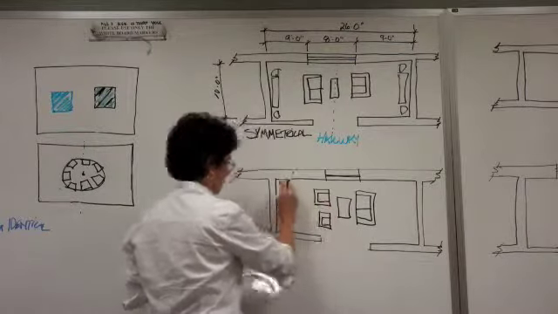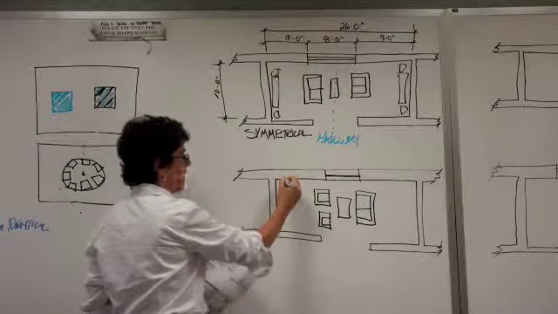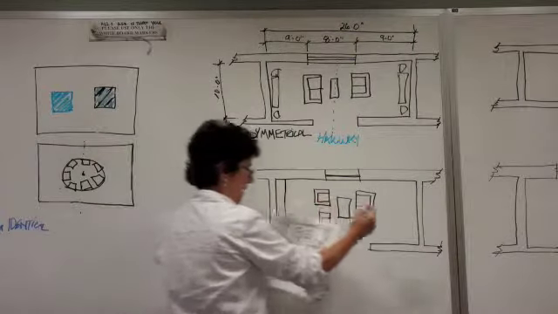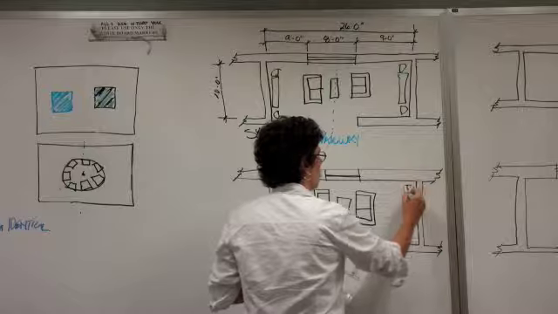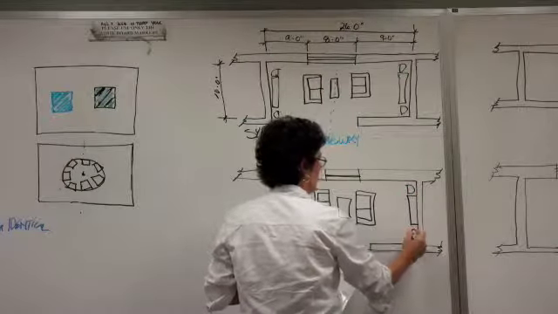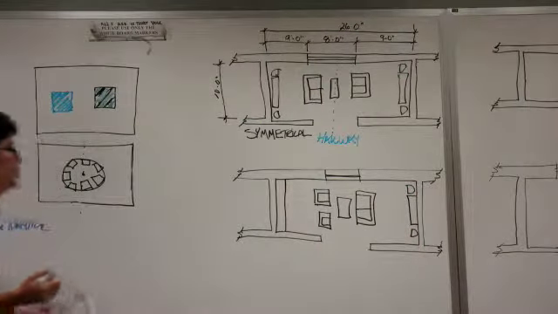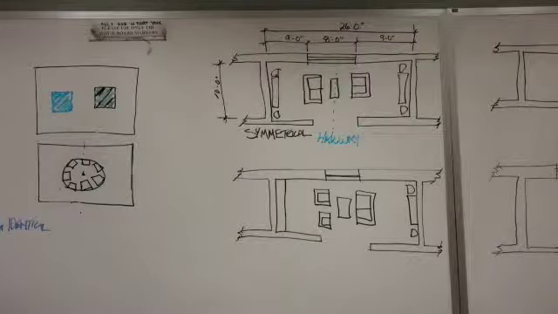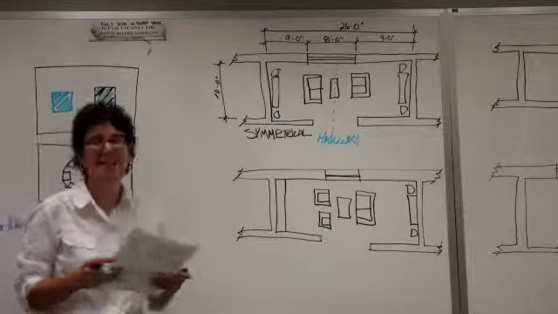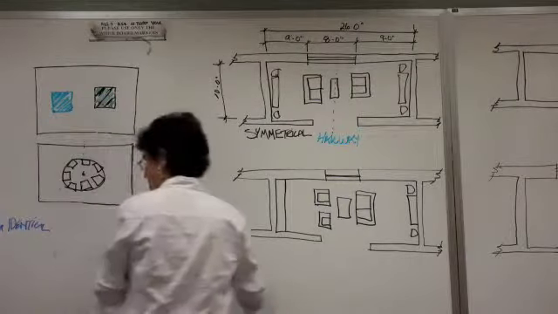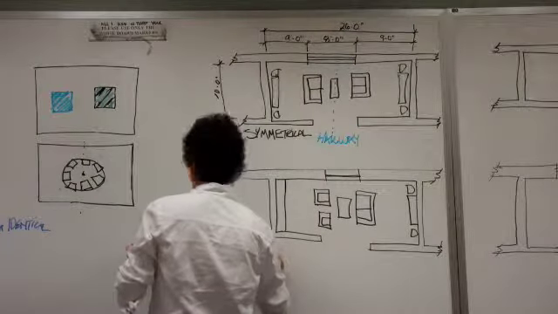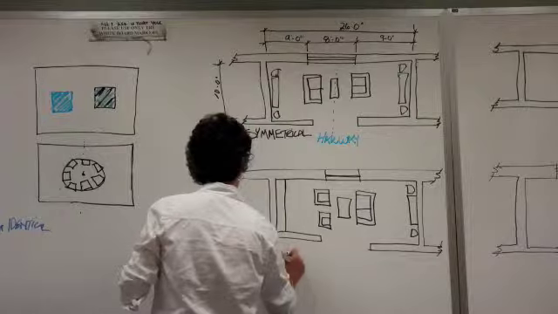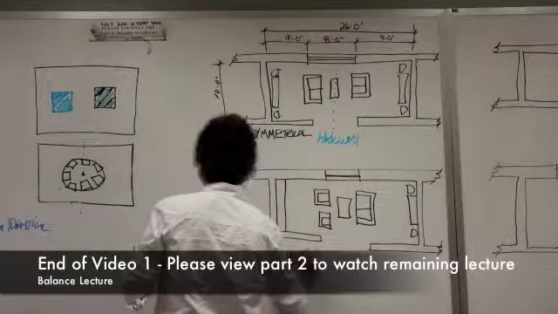I'm still going to have furniture back here, but this time I'm going to have a built-in cabinet. And then over here I'll have maybe that big bureau or something tall and the 2 chairs here. This is pretty safe, approximate symmetry.